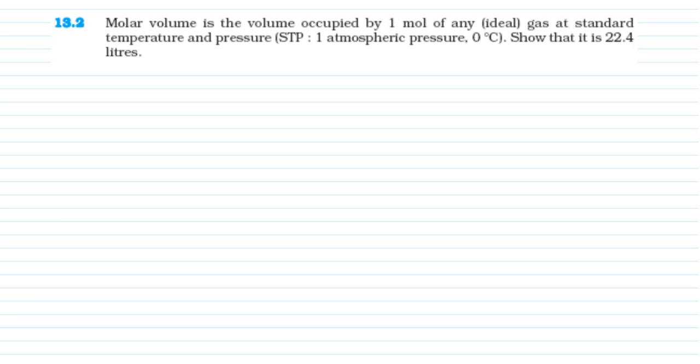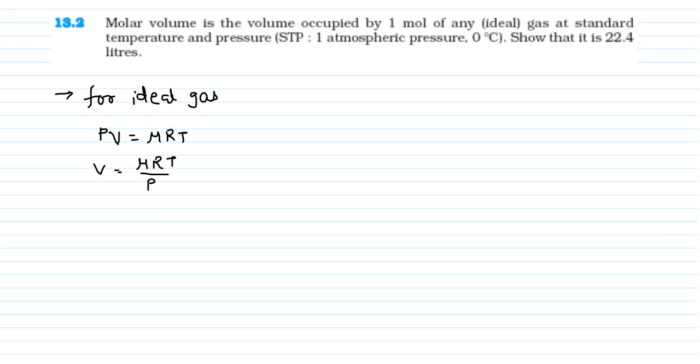Show that it is 22.4 liter. Whatever we considered in the last sum, we have to calculate that now. So, we will do it. Here we can say that for an ideal gas, PV is equal to mu RT.